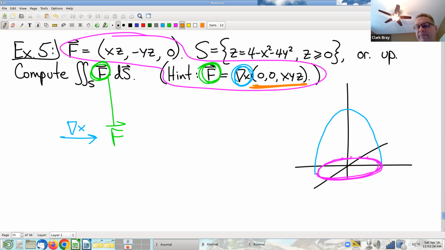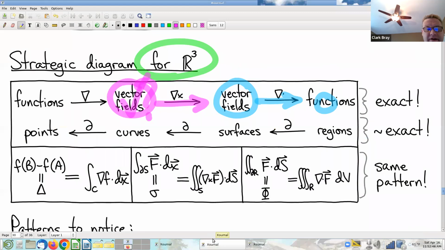I didn't even give a name to it. Let's call it G. It is the curl of G. So my anti-curl is given. So we can use Stokes' theorem after all, as it turns out. The anti-curl is given. It's G in this case.